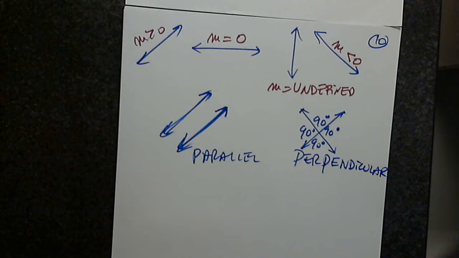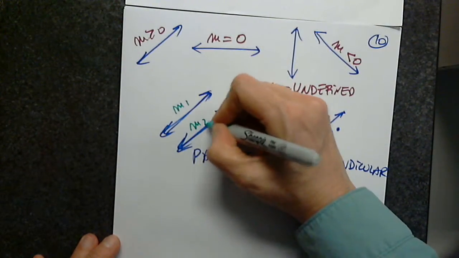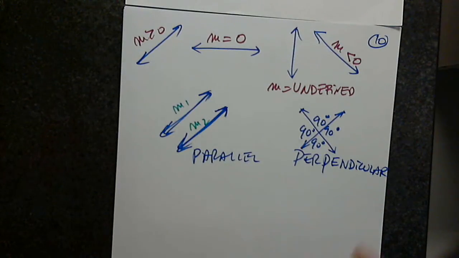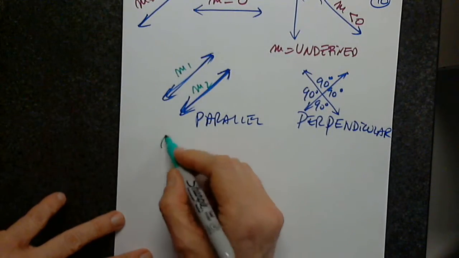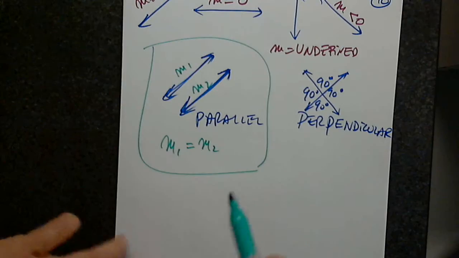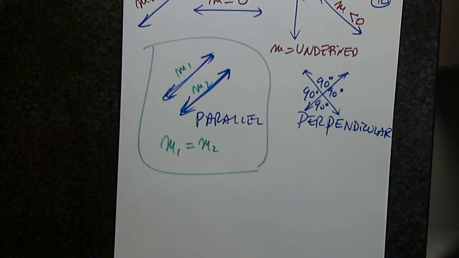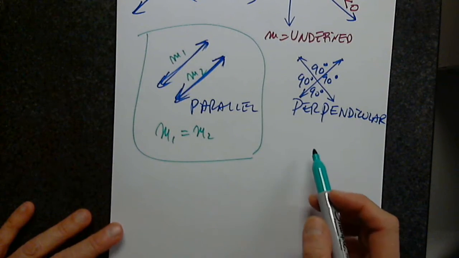What is the relationship between the slopes of lines that are parallel? They are the same. Very good. Perfect. Mandatory. They must be the same. If they are parallel, they have to have the same slope.